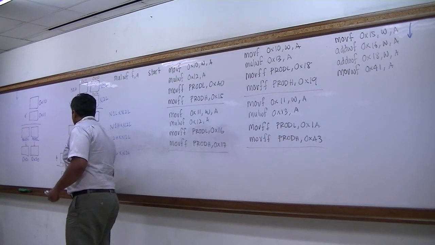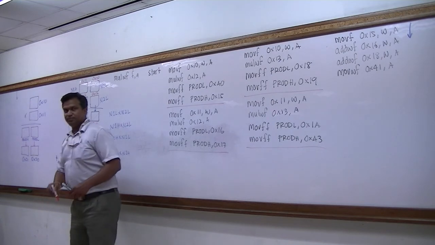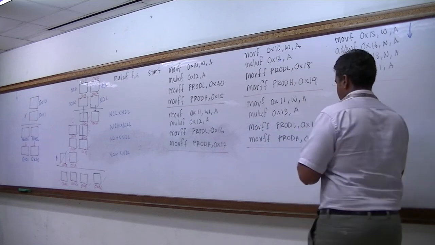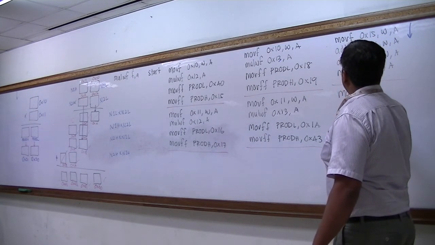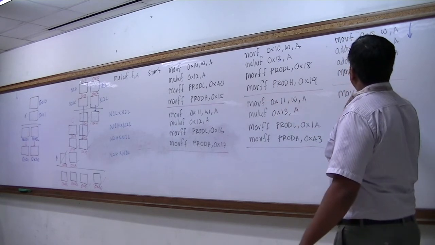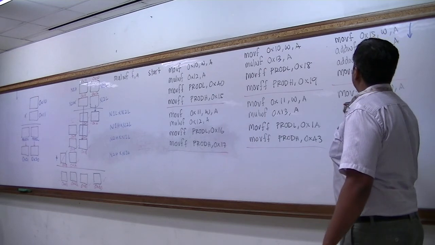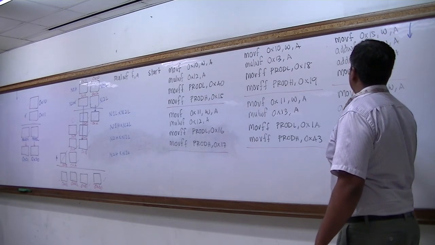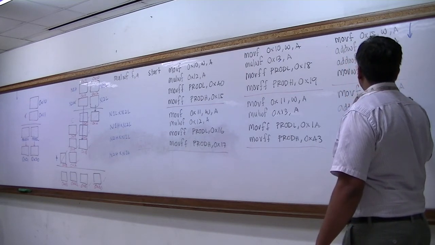So this one settled. Now when you add this, there's a possibility of having a carry on this side. So the first one, move F X17 to working register. Now you add WFC X19, store the answer in working register.